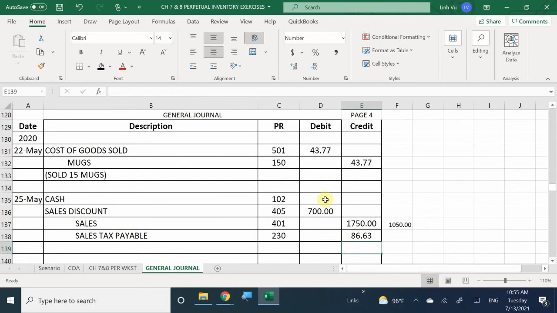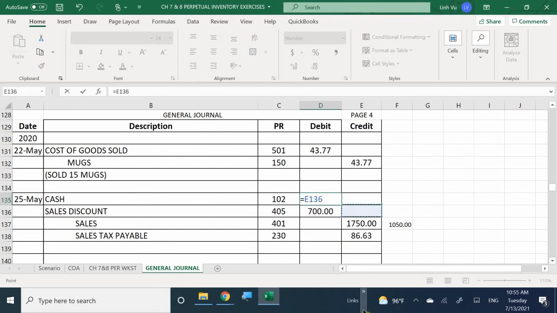All right. So then, how much cash in grand total should I actually be receiving from the sales? I got 1,136.63. Good. All right, because once again, it's going to be $1050 plus $86.63, which should give you 1136.63.